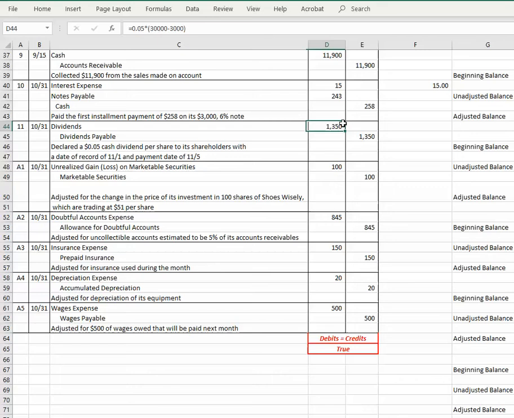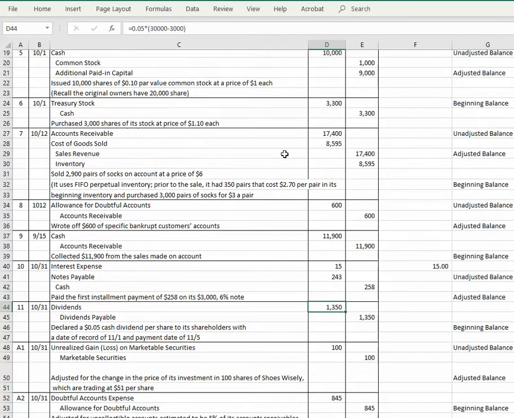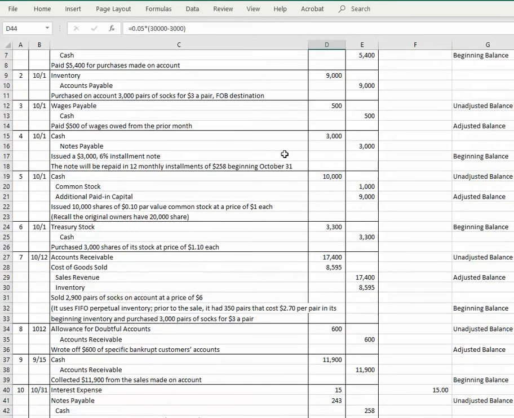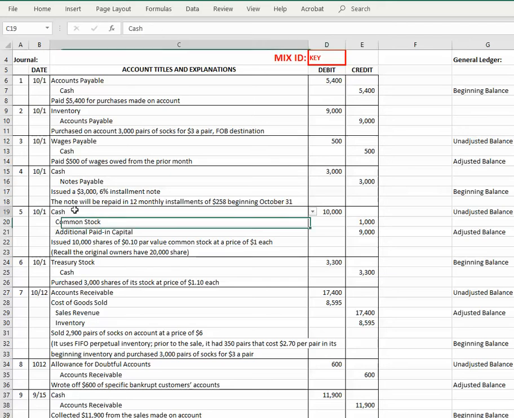Now, how do we get the amount? Well, the amount is the 5-cent dividend times the number of shares outstanding. Here's the thing that you have to be careful about. I'm going up to this entry here where they issued 10,000 more shares.